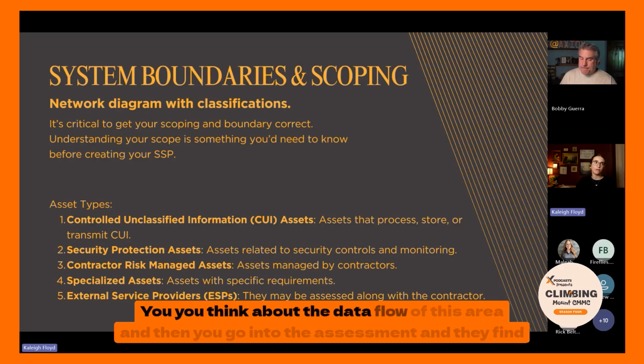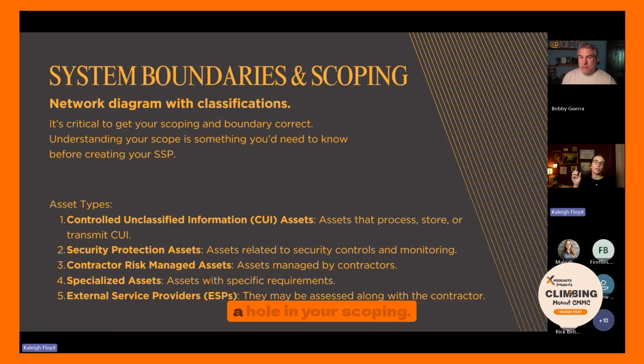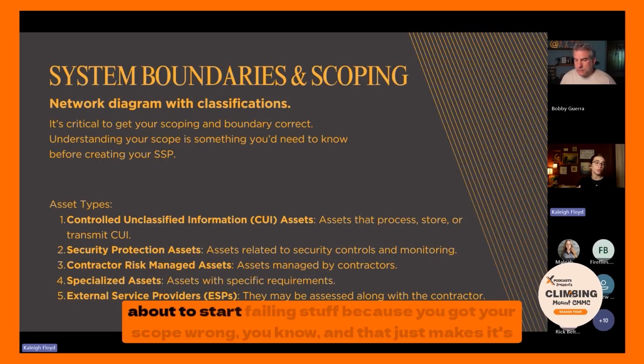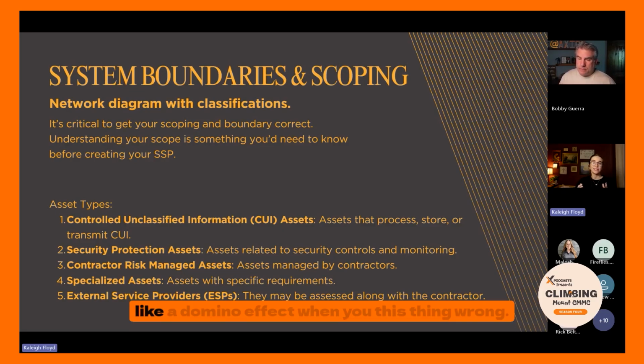You think about the data flow of this area, and then you go into the assessment and they find a hole in your scoping. You could have locked down that scope really well, but you're still about to start failing things because you got your scope wrong, and it's like a domino effect when you get this thing wrong.